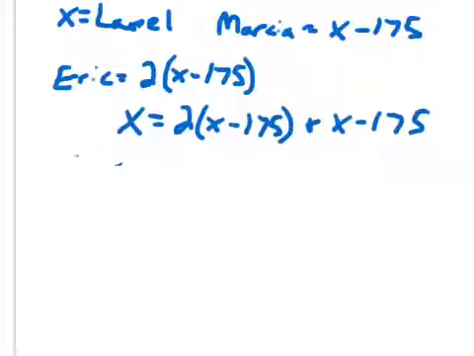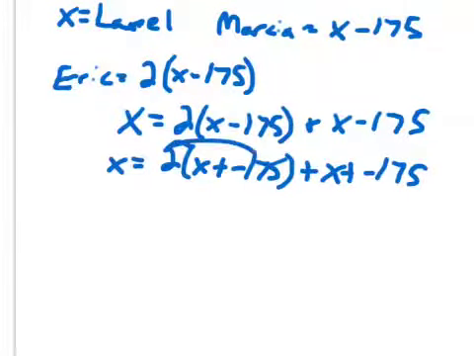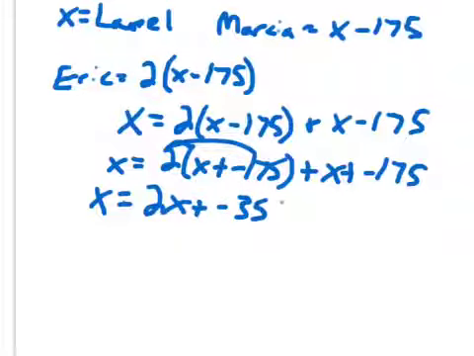Oops, let's erase that and try that again. X equals 2 times X plus negative 175 plus X plus negative 175. Now we have to distribute. So I get X equals 2X plus negative 350. 175 times 2 is 350. Plus X plus negative 175.